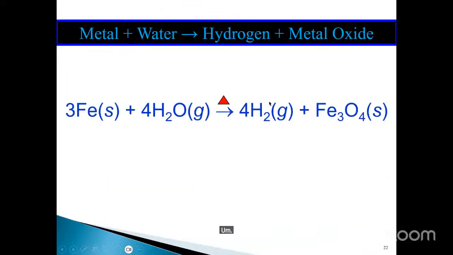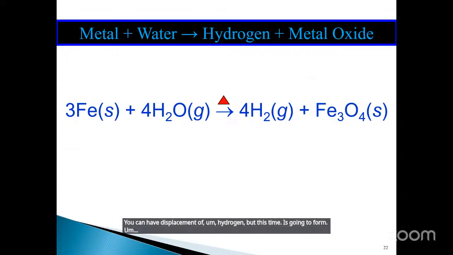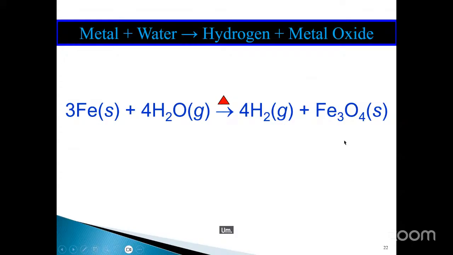In some cases, less reactive metals like iron, and you have to heat this to make sure that this goes, you can have the displacement of hydrogen, but this time it's going to form a kind of unusual oxide, commonly known as tri-iron tetraoxide.